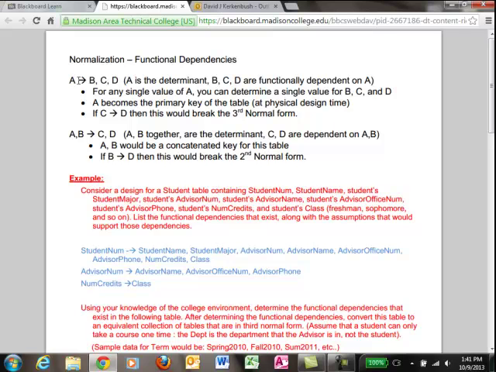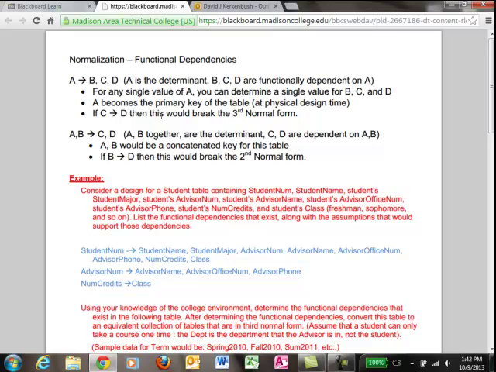So you can think of this, maybe this is an employee number, and these are an employee's first name, last name, and the department that they're in. So if you get the employee number, you can determine a single first name, a single last name, and a single department.